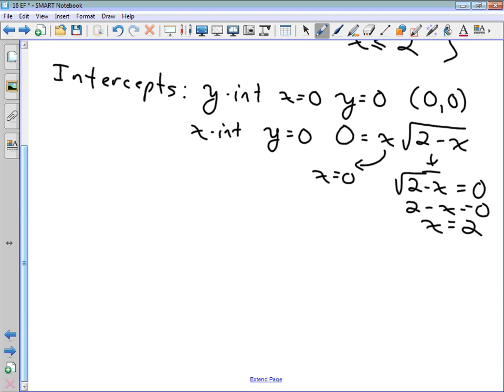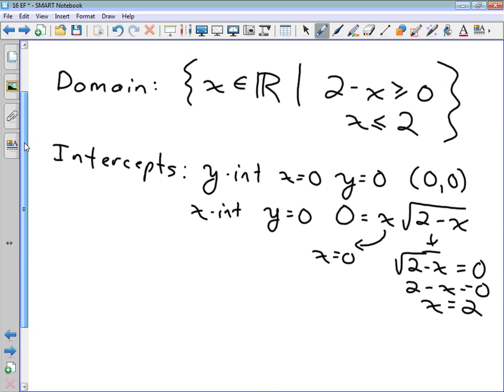Now, when we've gotten these two x values, we need to check something. Right at the very beginning, we figured out our domain, and our domain had a restriction on it. Every time we get an x value, we need to check and see if that x value is part of our domain. So, are these things in our domain? X must be less than or equal to 2. Well, this one certainly works, x equals 0.